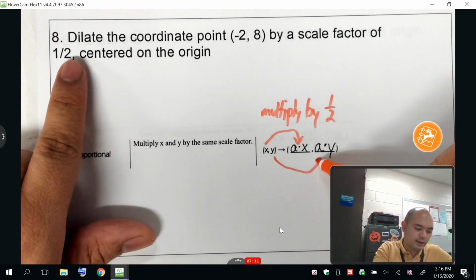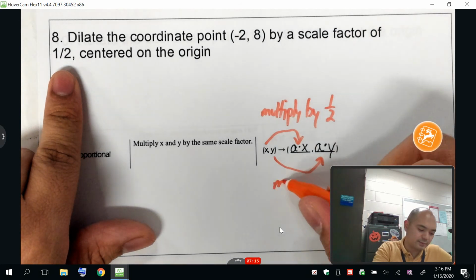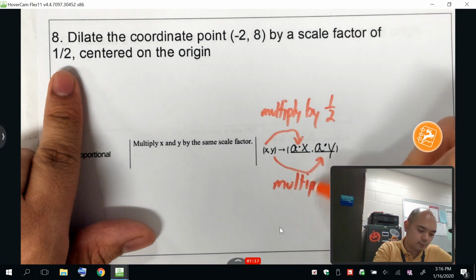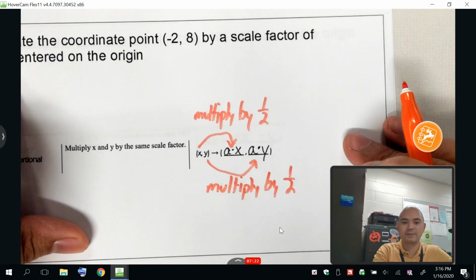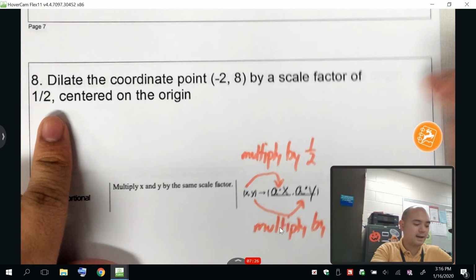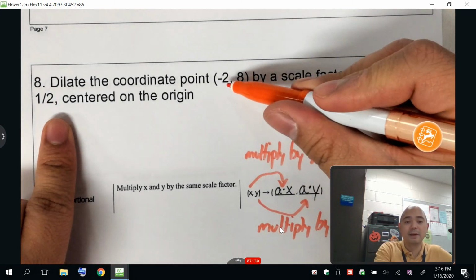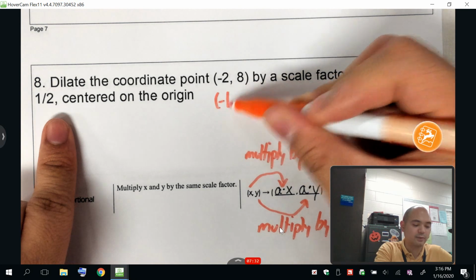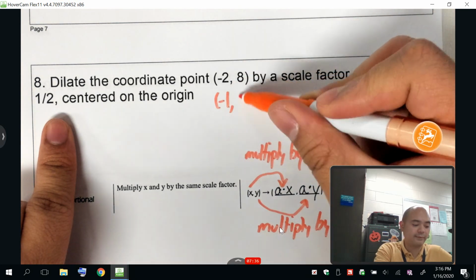Y going here, you still have that same scale factor, so you're still multiplying by 1/2. So take a minute to answer it. And we're back. And you should get negative 2 multiplied by 1/2 gets me negative 1. 8 multiplied by 1/2 gets me 4.